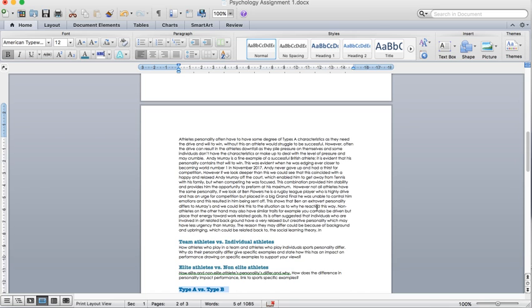This shows that Ben has an extroverted personality and differs to Murray, and we could link this to the situational theory as to why he reacted in this way. Non-athletes, on the other hand, may have similar traits. For example, you can also be driven, but place that energy towards work-related goals.